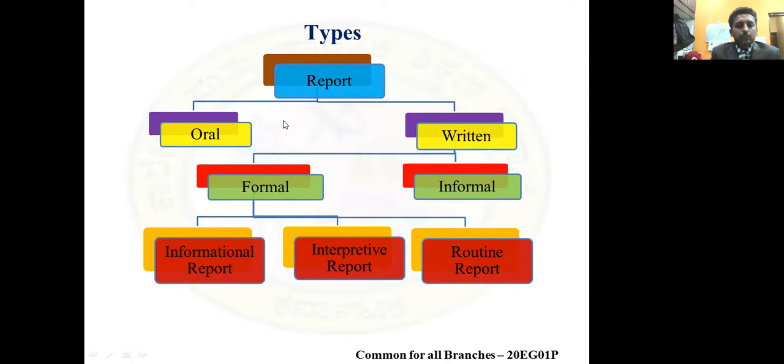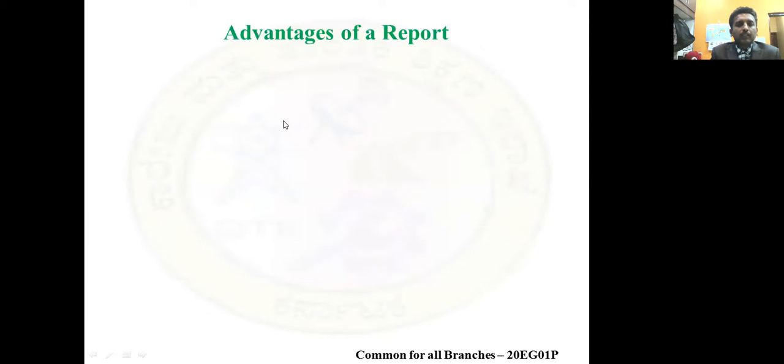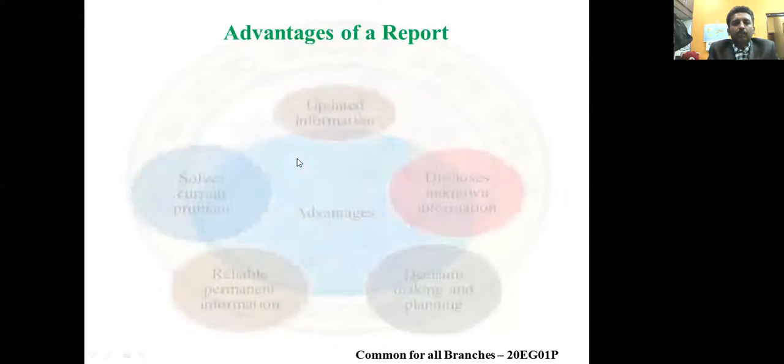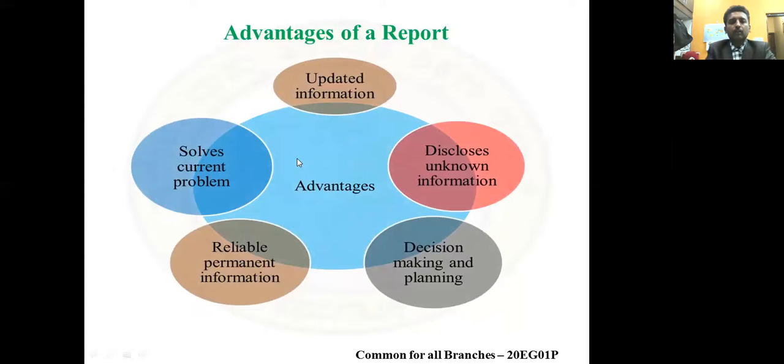Now let us look at the advantages of a report. There are many advantages of reports. So I have listed some 5 important advantages of report. First one is, a report gives an updated information.